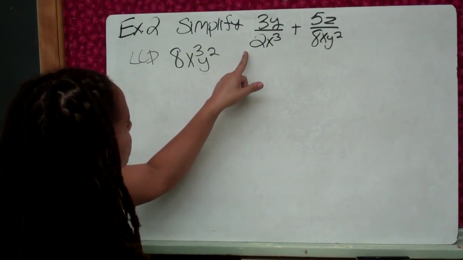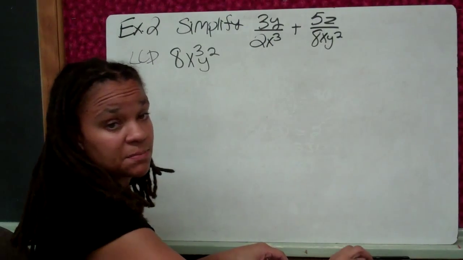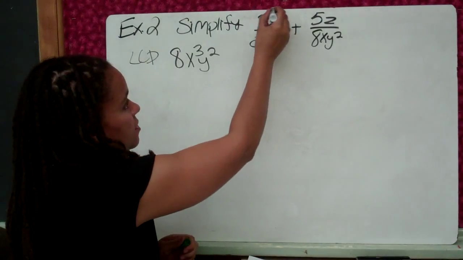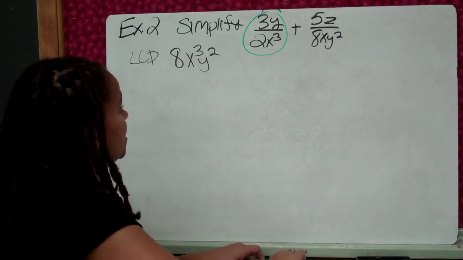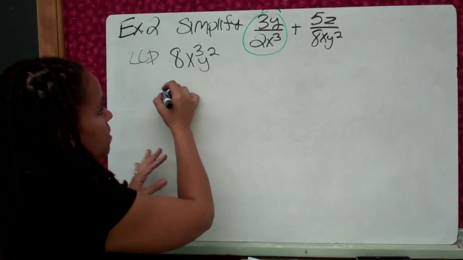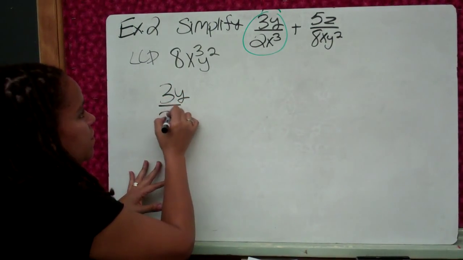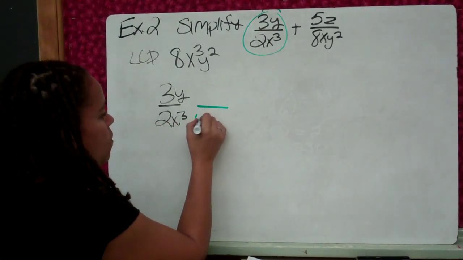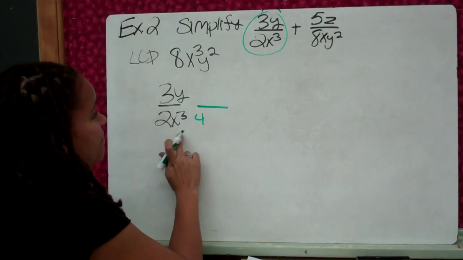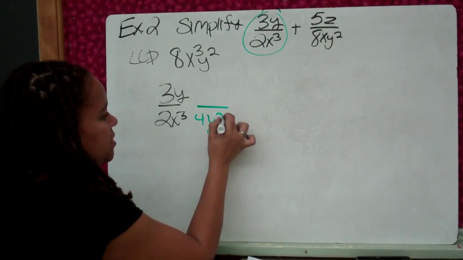So what we do is we look at the first one and see what's missing from the LCD. I'm missing 4, so I'm going to rewrite it here, 3y over 2x cubed. What's missing? I'm missing 4, because 2 times 4 would give me 8. I have the x cubed, and I'm missing the y squared.